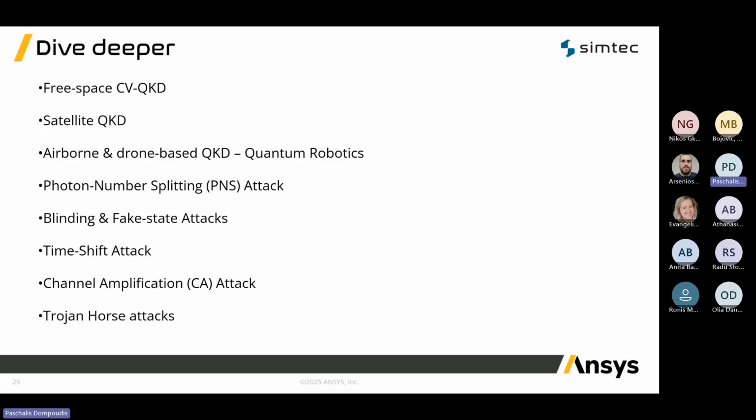Then we also have airborne and drone-based QKD, where we use drones or aircraft for mobile quantum nodes, and then some attacks that we could perform in order to decrease the security of quantum key distribution systems. We have the photon number splitting attack, the blinding attacks, time shift attacks, channel amplification attacks, and the Trojan horse attacks.